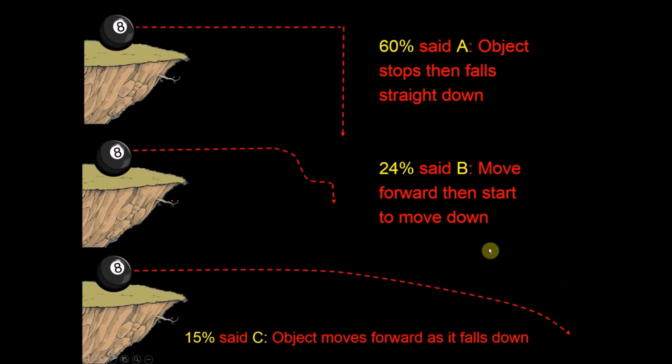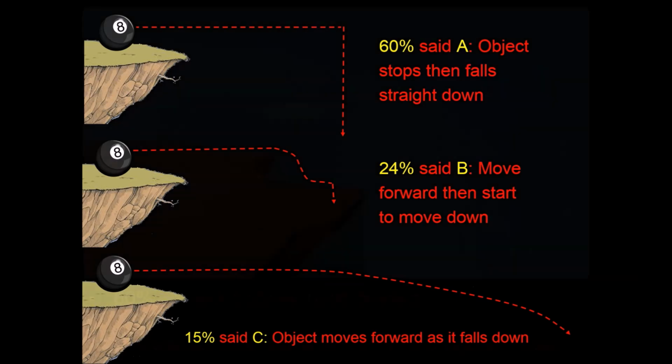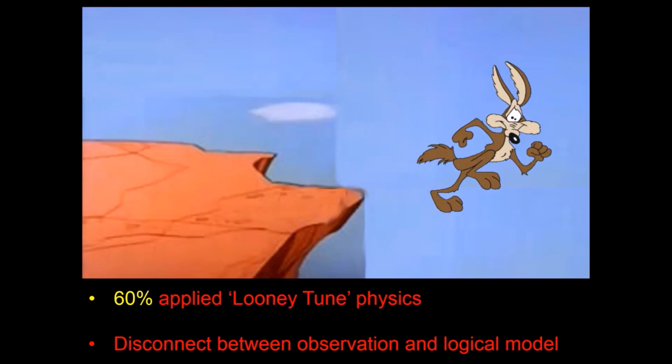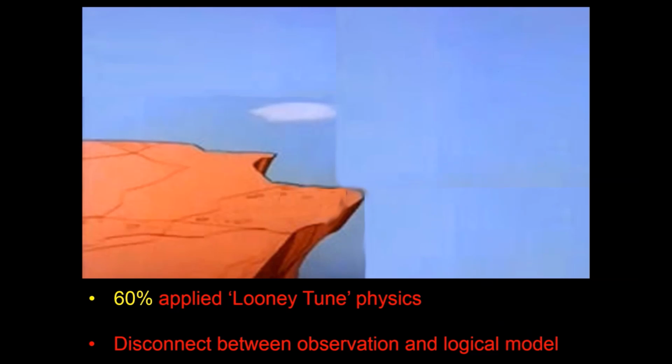But we're left with this really unfortunate and relatively sad result that 60% of the populace over all ages seem to like the idea that Looney Tunes physics was in play here. And this isn't so much that people are stupid, although some people are. This is not the case.